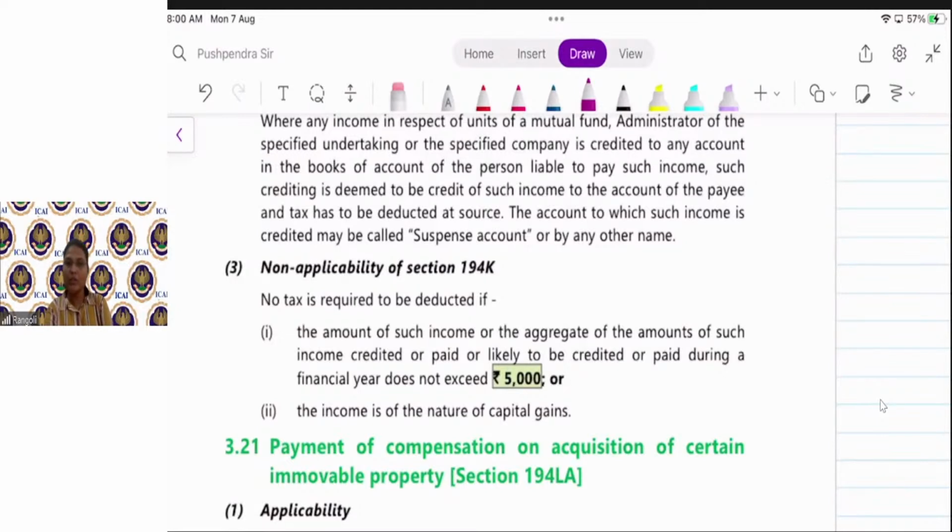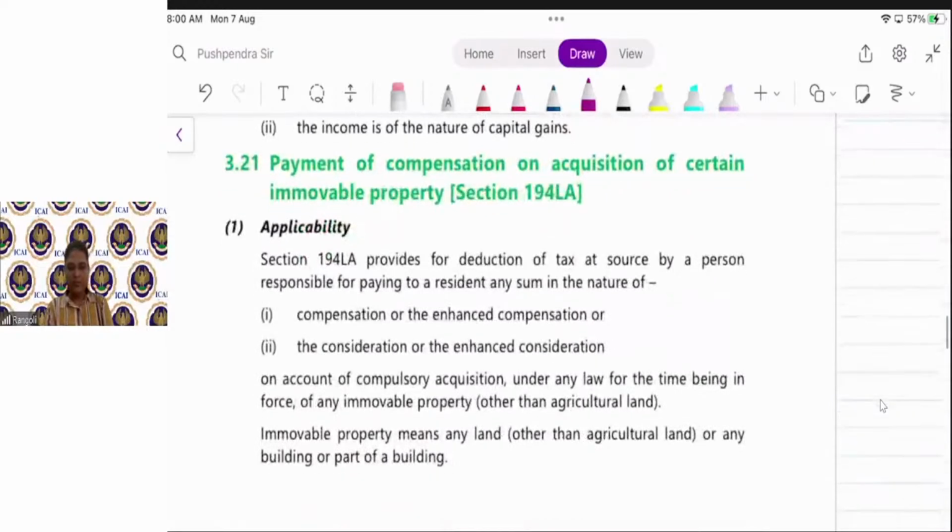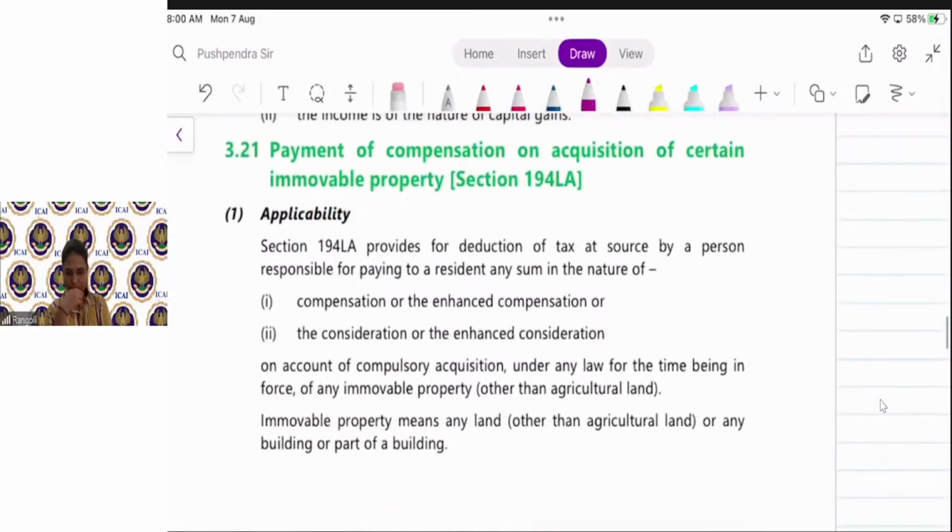When you sell the mutual fund, then the capital gain will arise. Okay. So at that time, the income is considered as capital gain, and TDS is not required to be deducted. Is that clear, everyone? Everyone clear with section 194K? Yes or no?